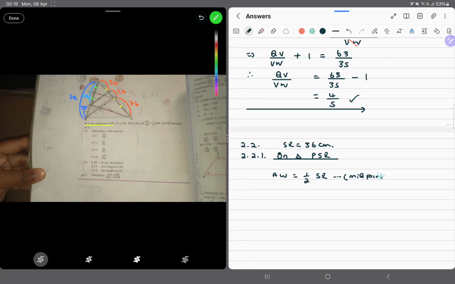Midpoint theorem of triangles. Understandably so. So don't complicate this reason. Leave it as simple as that. We can say this implies that our AW is going to be half of 36. Therefore, our AW is half of 36, which is 18 centimeters. Easy.